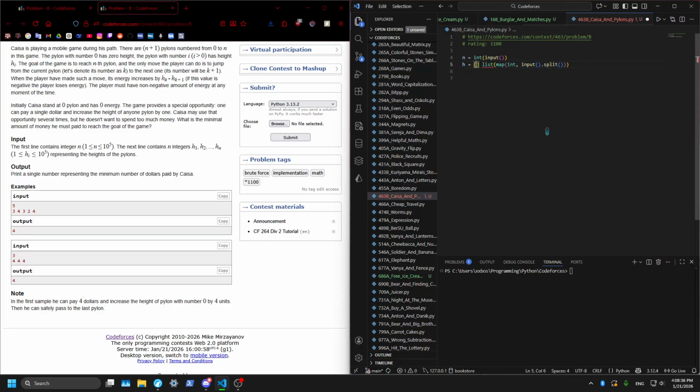Do this. There we go. And energy is equal to 0. What's the best approach to this?